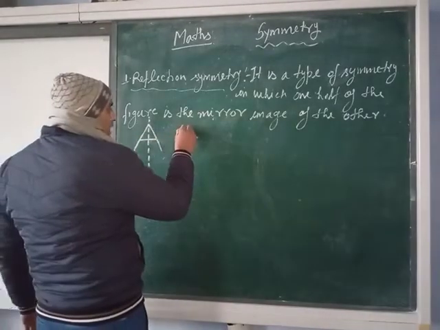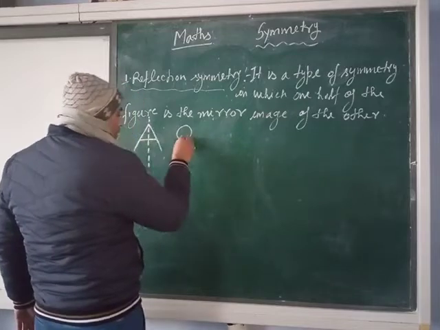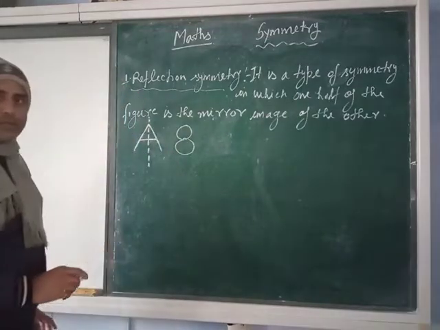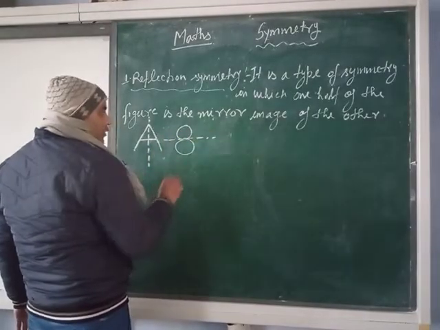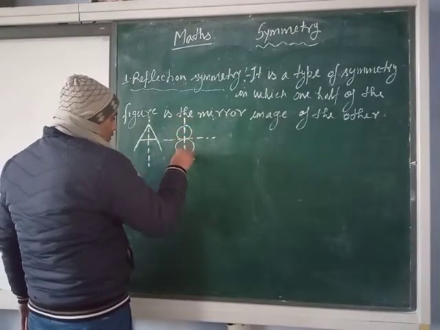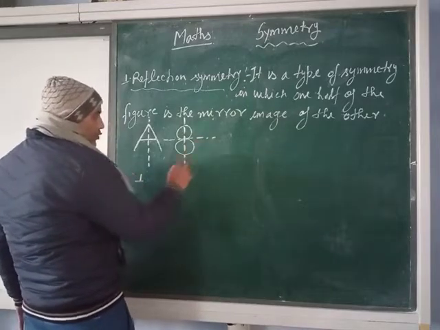Write A. This is also the same figure. So if you want to find out the symmetry, then you can also draw it like this. It has one line of symmetry. It has 1 and 2 lines of symmetry.